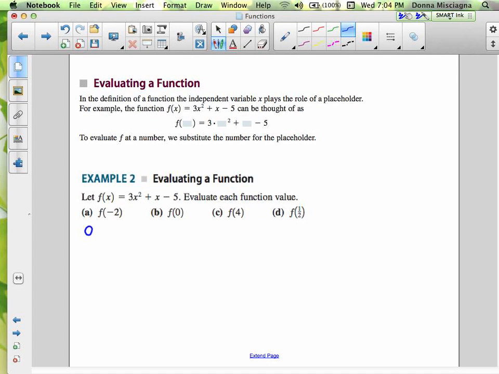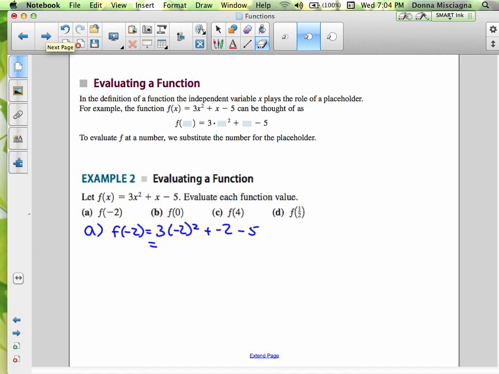All right, so A, and this one's also in your notes, f of negative 2 means we have 3 times negative 2 squared plus negative 2 minus 5. So that would be 3 times 4. Now actually, we can do 3 times 4 in our head. That's going to be 12.